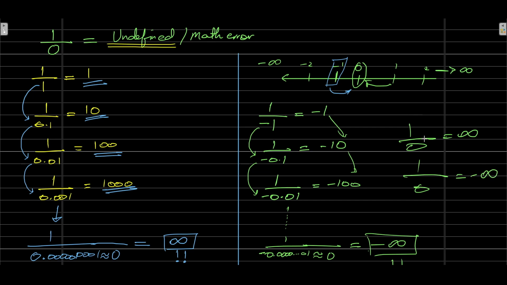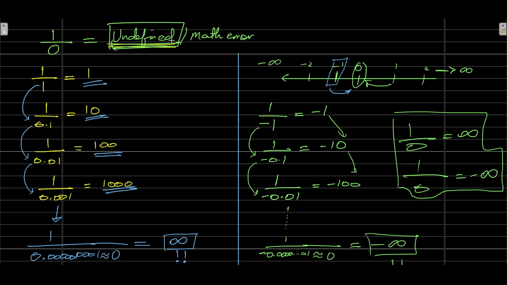That means 1 divided by 0 is positive infinity, and 1 divided by 0 is also negative infinity. So which one of these results should I pick? Now, this becomes a bit ambiguous because we have the same number, but we are getting two different answers. This is the reason why we actually have an undefined result.